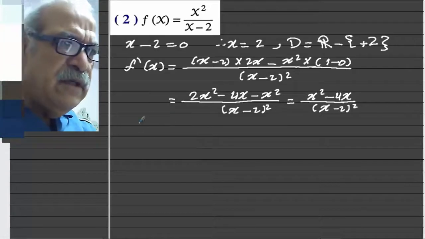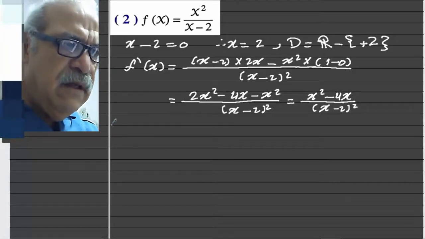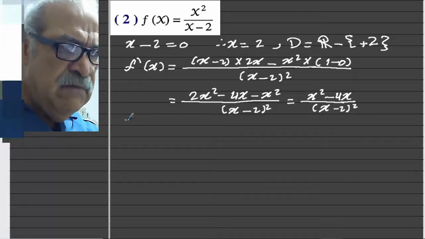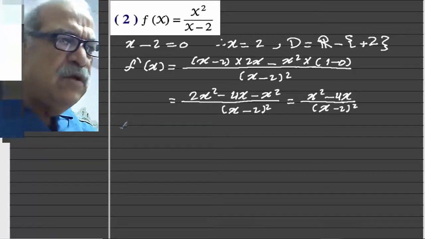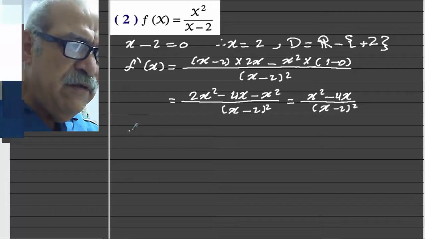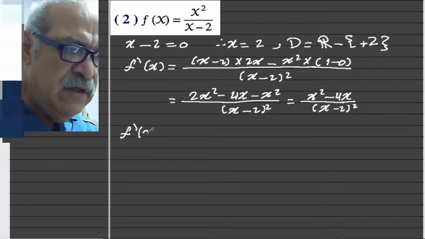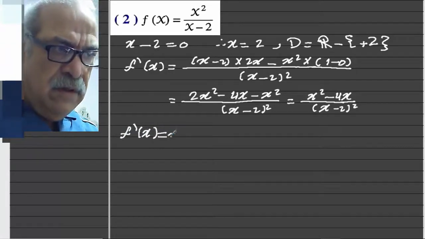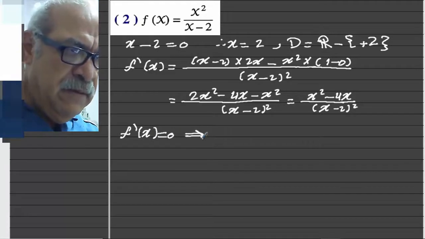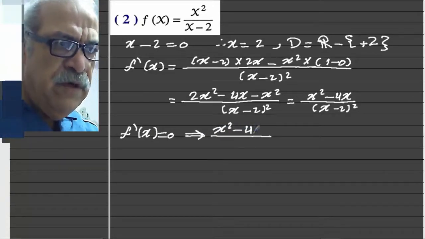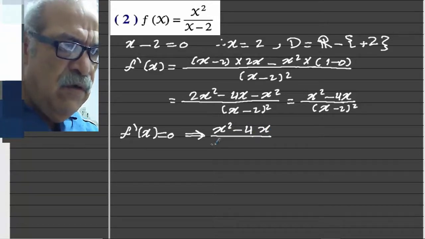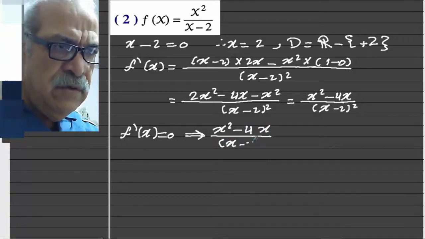Here, putting f dash of x equals 0 is a very important step. So we write f dash of x equals 0. That means x squared minus 4x over x minus 2 equals 0.